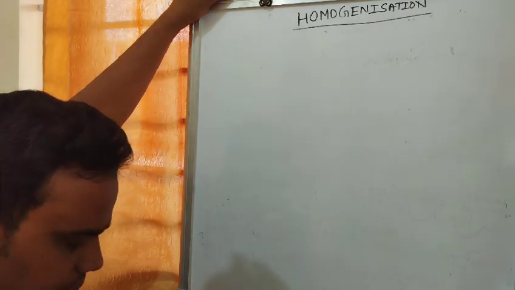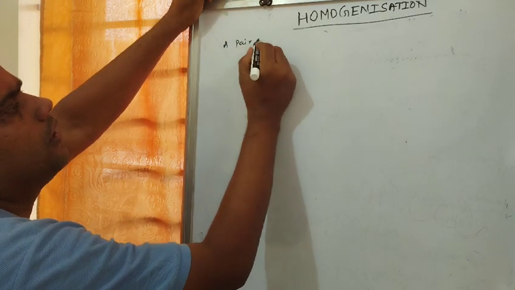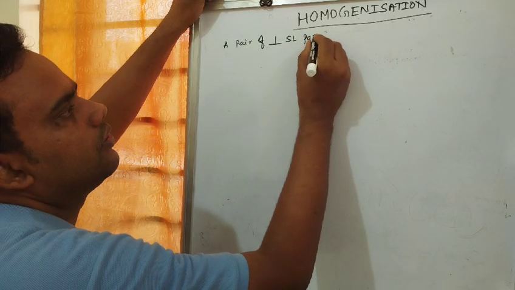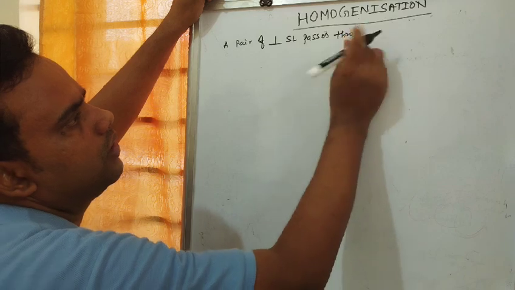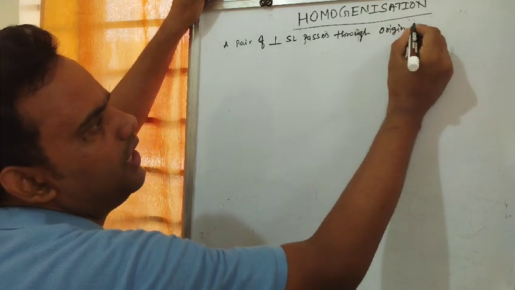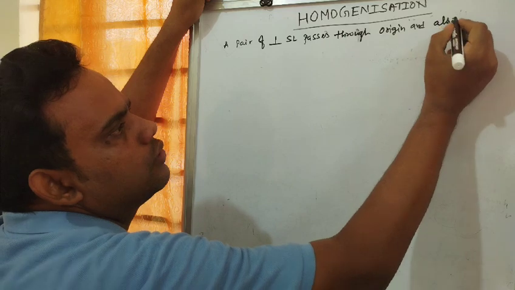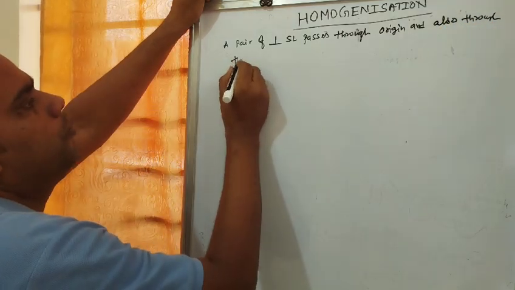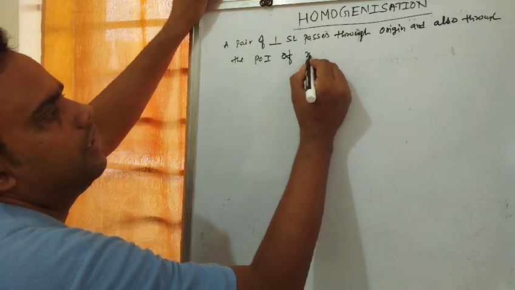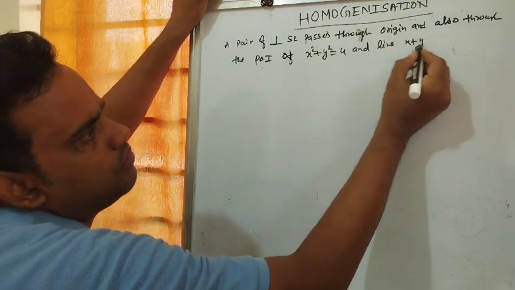So now we are considering the pair. They are asking: a pair of perpendicular straight lines passes through the origin and also through the point of intersection of the curve x square plus y square equals 4 and the line x plus y equals a.